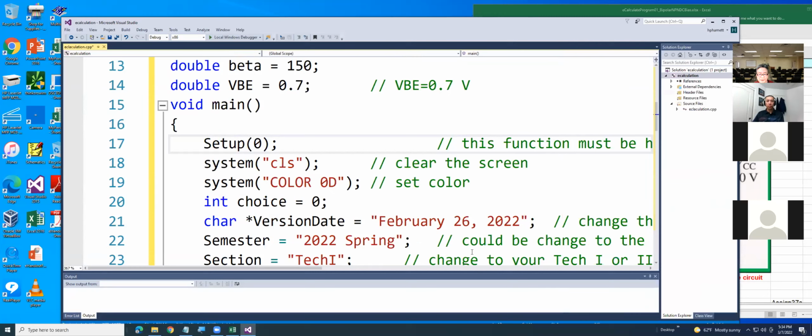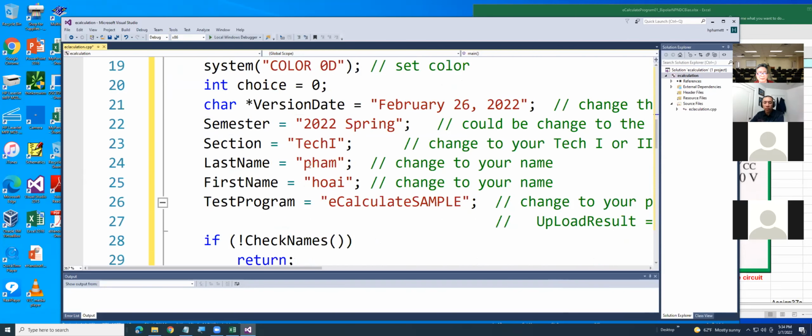Everything you read, you can see I already put a comment here. Change the date. Semester could be changed to whatever semester. Section 1 or 2 also be changed depending on whether you are 1 or 2.